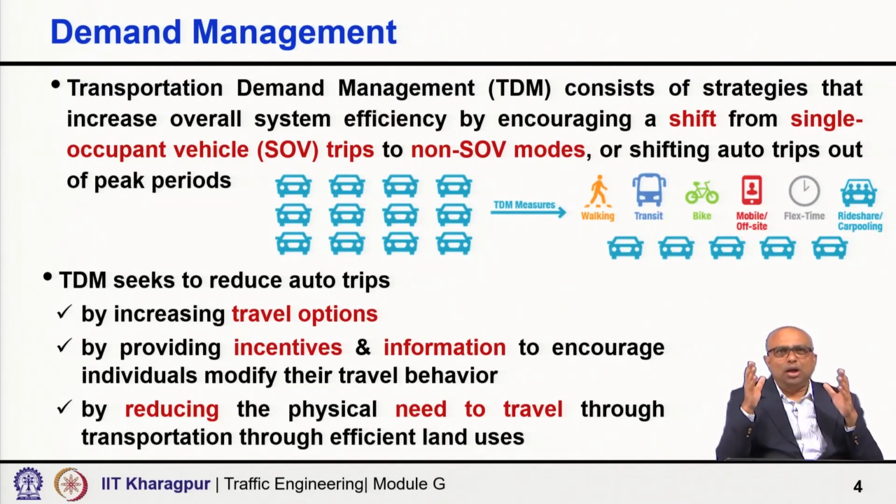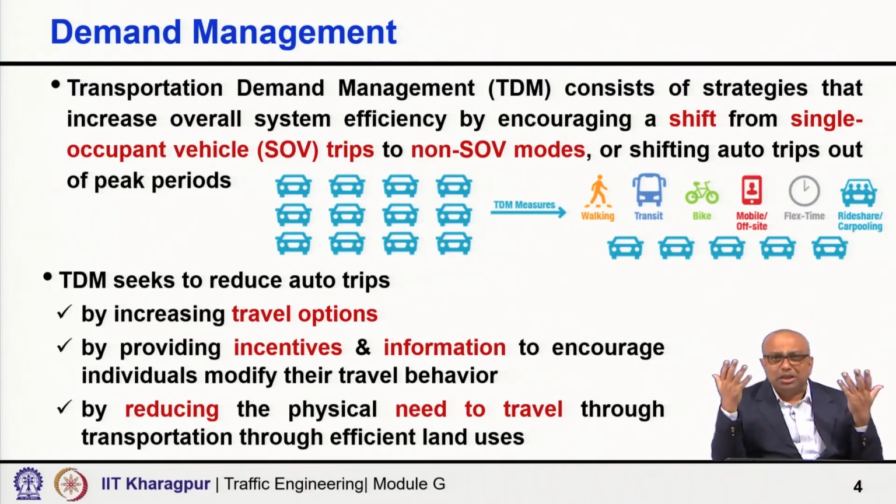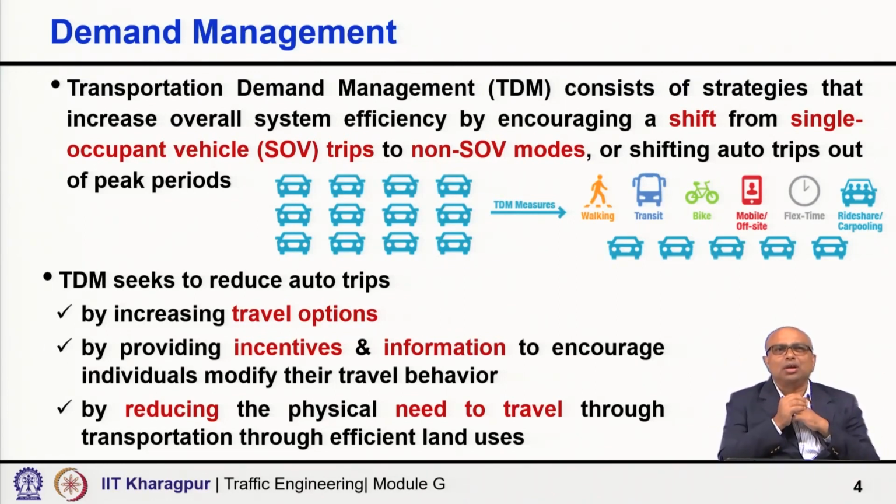So, what do TDM strategies try to achieve? They try to replace cars or single occupancy vehicles, mostly cars. During the peak hour, people go to office, and individually they use their own vehicles to travel. So, the occupancy is normally 1 or maybe slightly higher than 1.